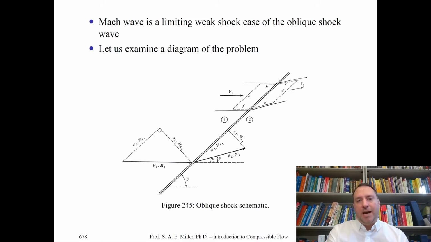The components after the shock wave will decompose into a tangential and normal component: W2, MT2, that's the tangential velocity and the tangential Mach number after the shock wave, and the normal velocity and normal Mach number, U2 and MN2, after the shock wave.